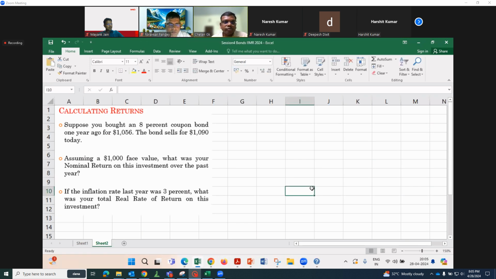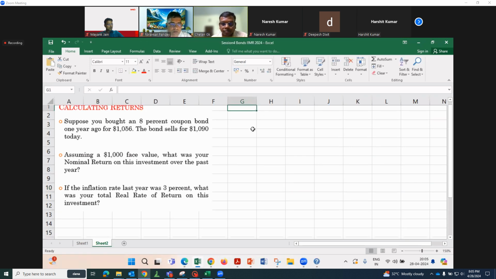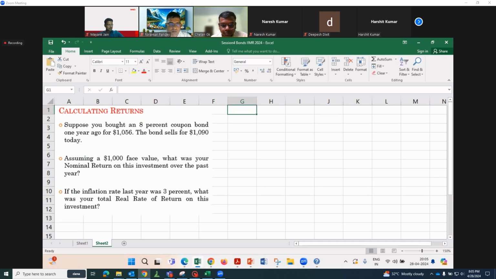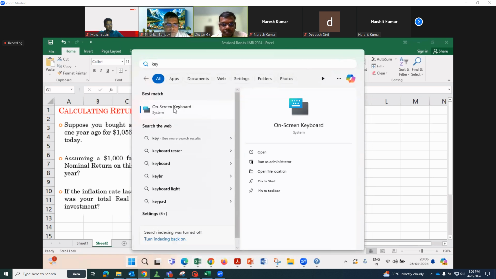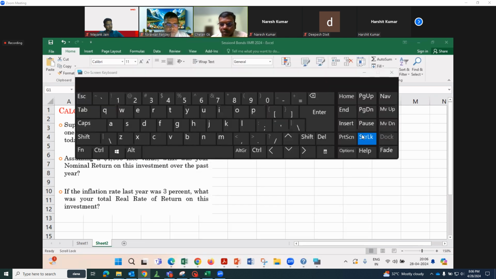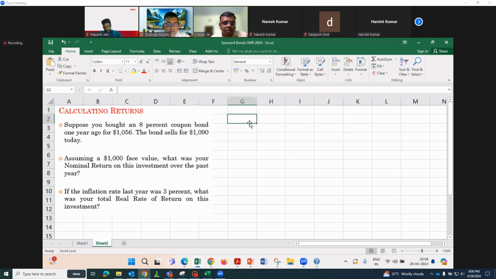Okay, suppose you bought an 8% coupon bond. So the coupon rate is 8%, given in the problem, 1 year ago, which means N per is 1.